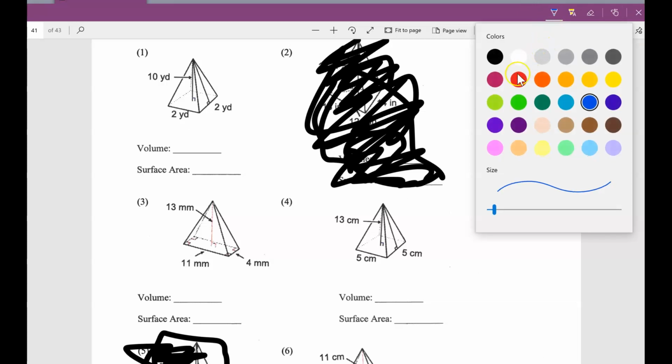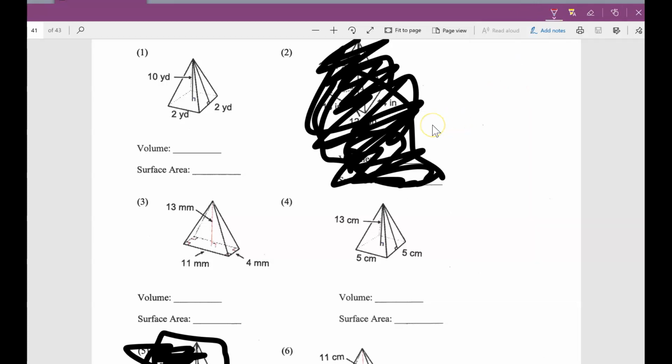Okay, I'm assuming you just came back from watching that other video. Let's get to work. So our number one here, we have a pyramid with a square base. And we remember from when we talked about prisms that we need to be looking for three specific measurements in order to find our volume.